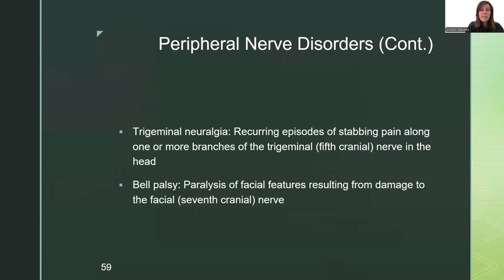Bell's palsy is paralysis of the facial features, resulting from damage to the facial or the seventh cranial nerve, which we talked about. Again, that can affect us in dentistry, and we want to know where that nerve is so we don't accidentally get it numb and cause temporary Bell's palsy. And Bell's palsy is usually temporary, but sometimes it's irreversible and can cause permanent disfigurement.